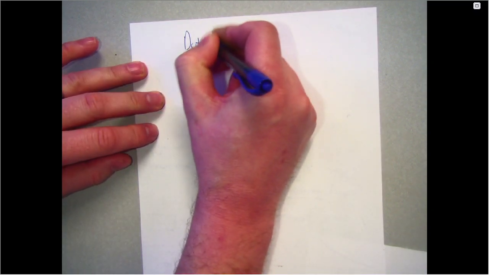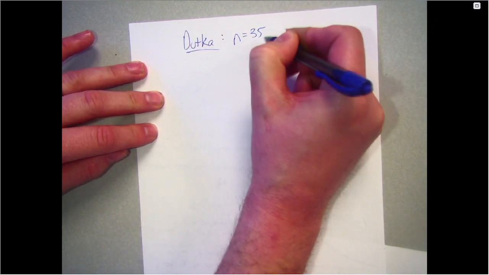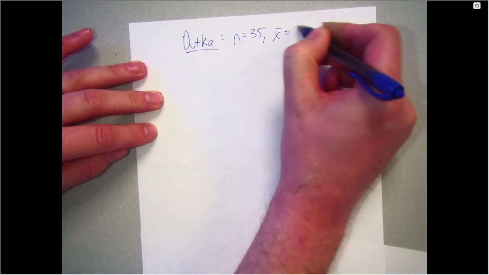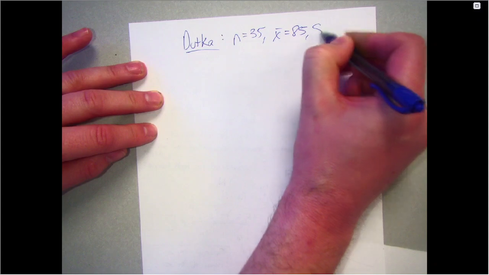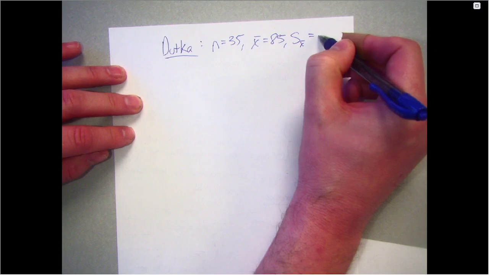All right, let's say last geometry test. So Miss Duca and I both teach geometry. She's got 35 kids. Her average was an 85, and her standard deviation, but this is just on the last test, standard deviation was 7.